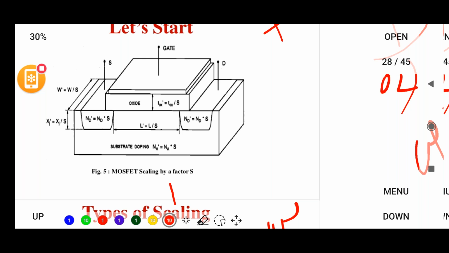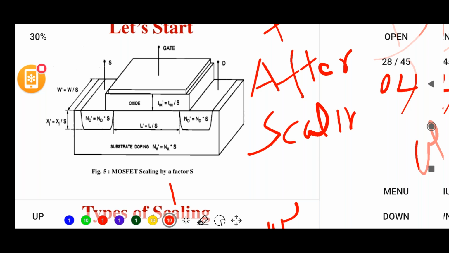What I am doing here is that all the dimensions are reduced. So that structure is after scaling. One thing, your oxide thickness is reduced by S. S is your scaling factor.